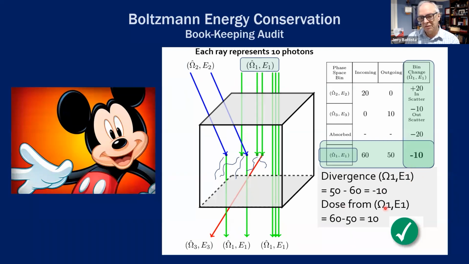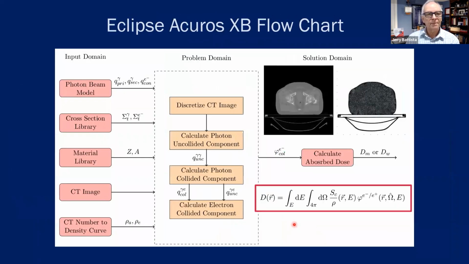And the dose from these green particles is 10, the negative of the divergence, which is some of the equations I showed earlier. So this all tallies up. The bottom message here is that the Monte Carlo method is an auditing bookkeeping method, and it forces agreement by mass energy conservation between these two methods, the rows and columns in your bookkeeping book.